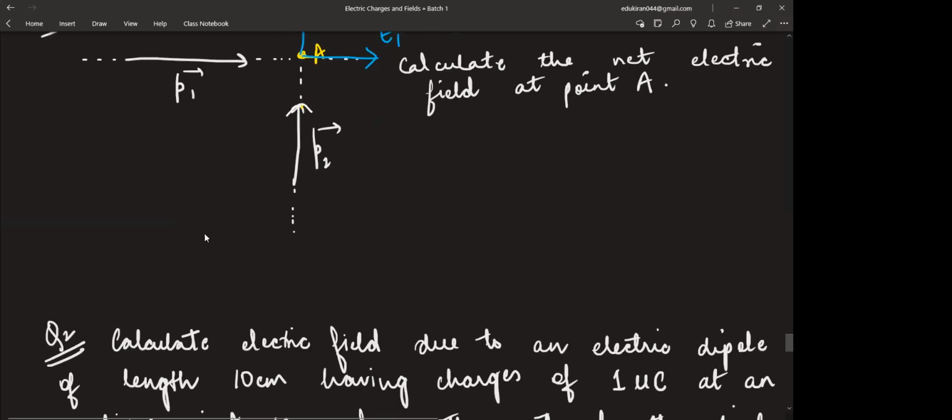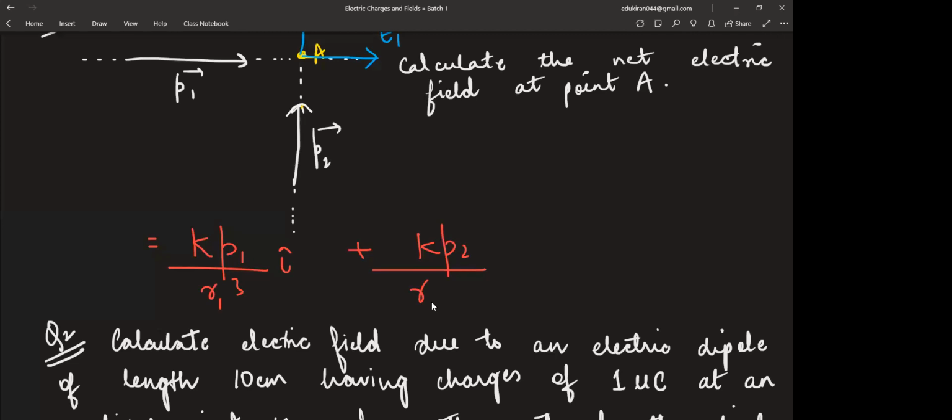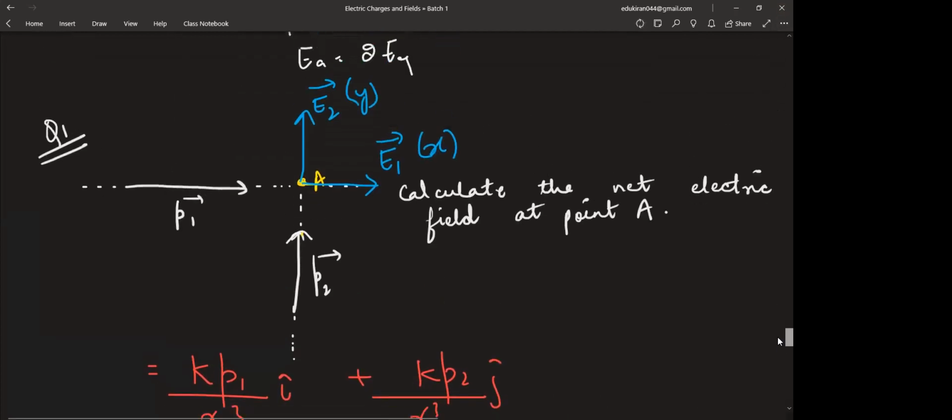Now you know E is equal to K P1 by R1 cube i cap plus K P2 by R2 cube j cap. That's the answer. Write it.